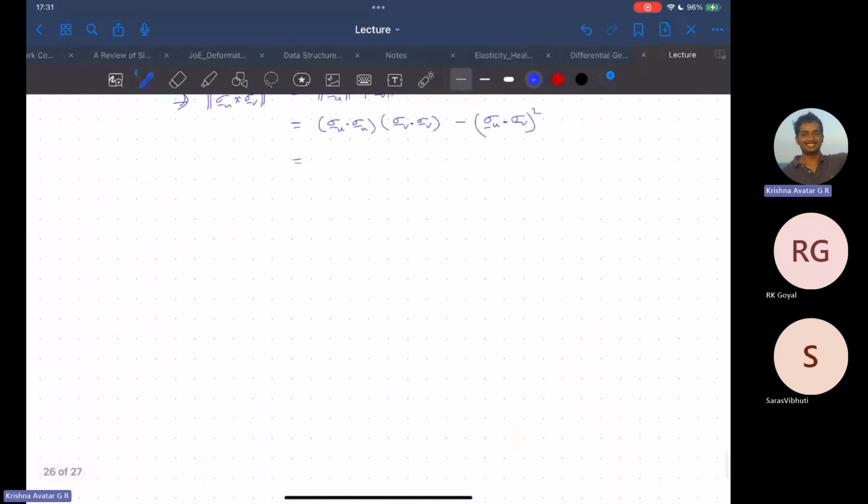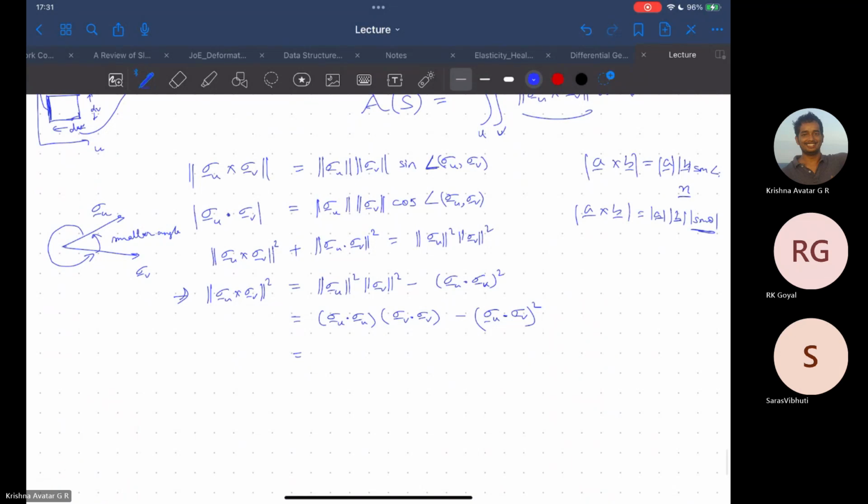So this evaluates to E, and then σv dot σv is capital G, and σu dot σv is F, so F squared. So σu cross σv, so to speak the Jacobian, is the square root of this.